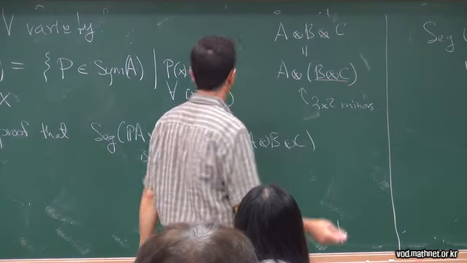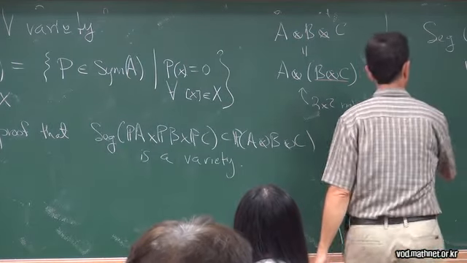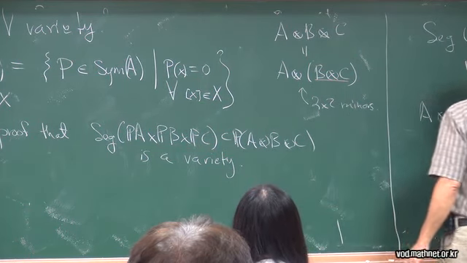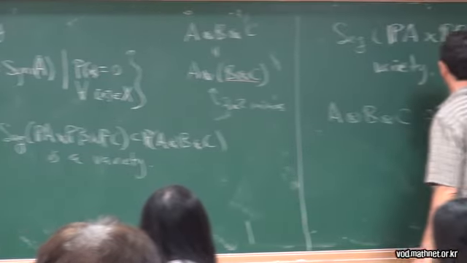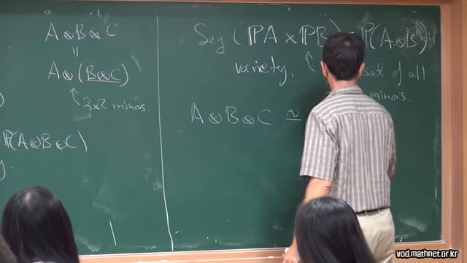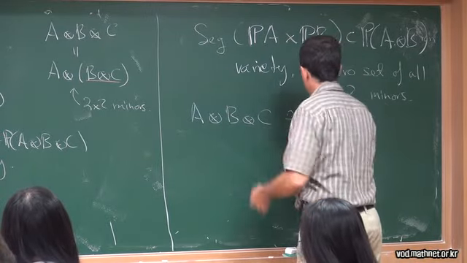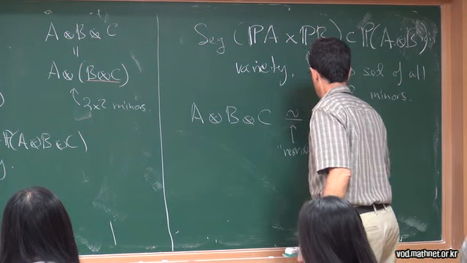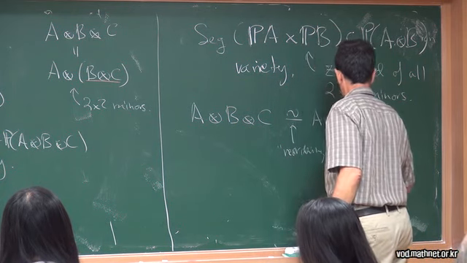Now, I have to say one more thing about tensors. If I write A tensor B tensor C, this is canonically isomorphic, for example, to A tensor C tensor B. When I want to use this, I'll call this the reordering isomorphism.